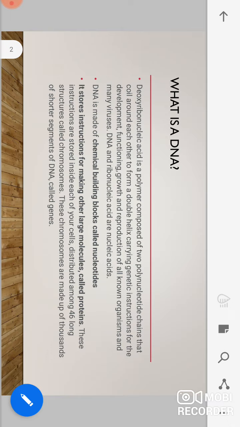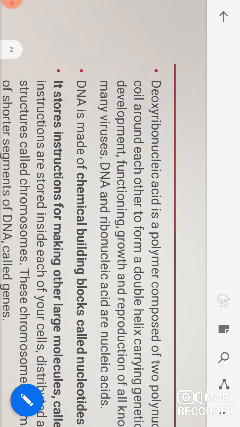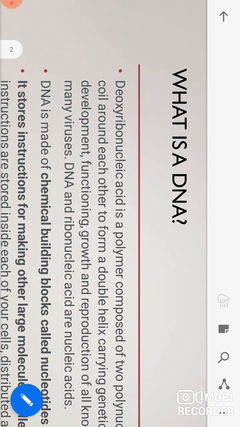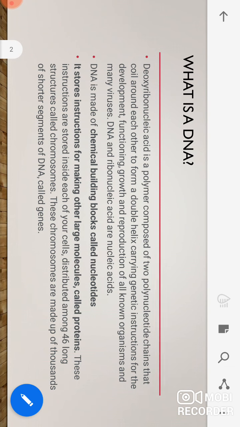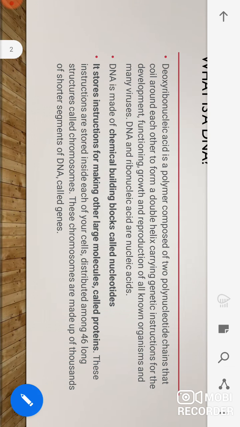Okay, what is DNA? The full form of DNA is deoxyribonucleic acid, and it is a polymer composed of two polynucleotide chains that coil around each other to form a double helix, carrying genetic instructions for the development, functioning, growth and reproduction of all known organisms and many viruses.